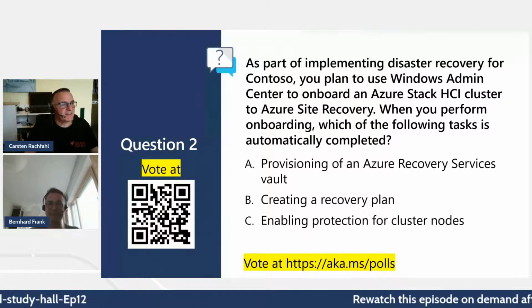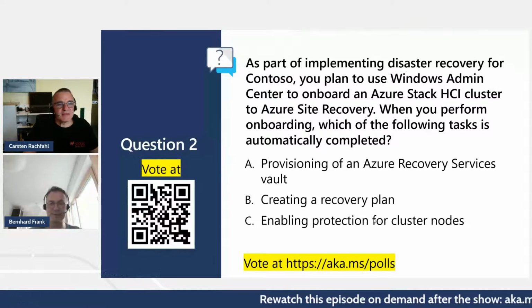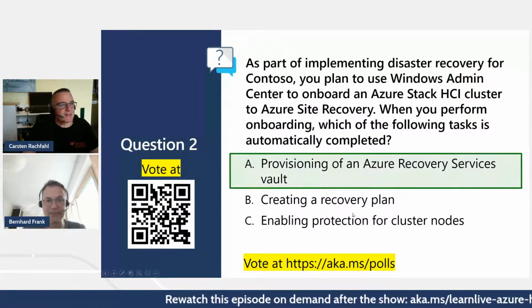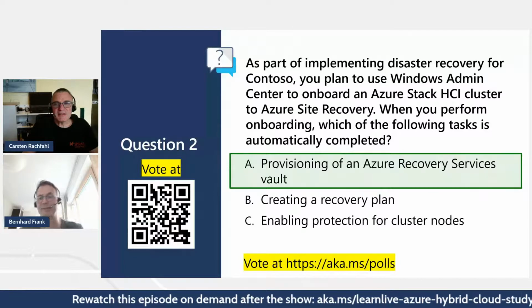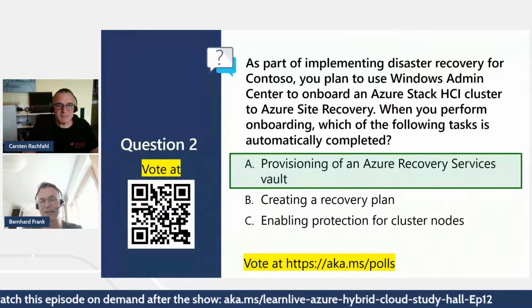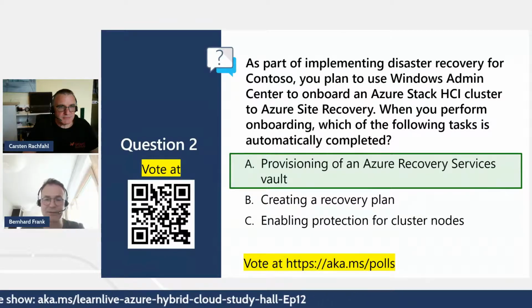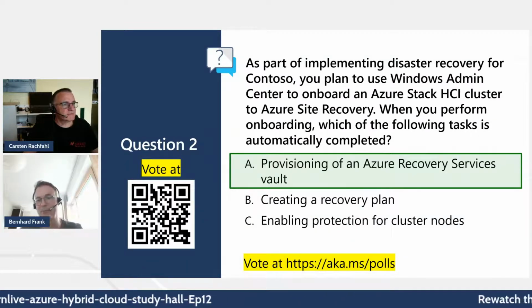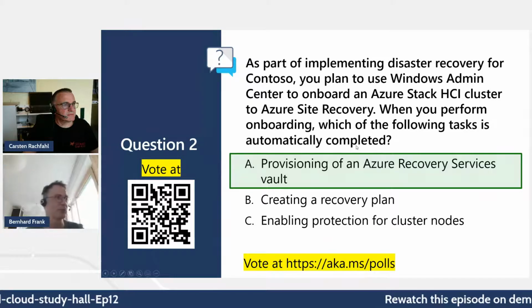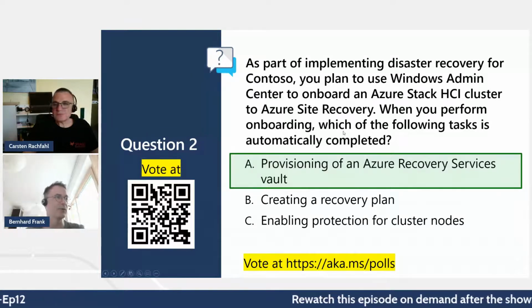So let's go to the answer of this one. Well, you provision an Azure service, the Azure Recovery Services Vault, right? That's the part where your ASR, Azure Site Recovery data, goes in, or your replicated virtual machines.